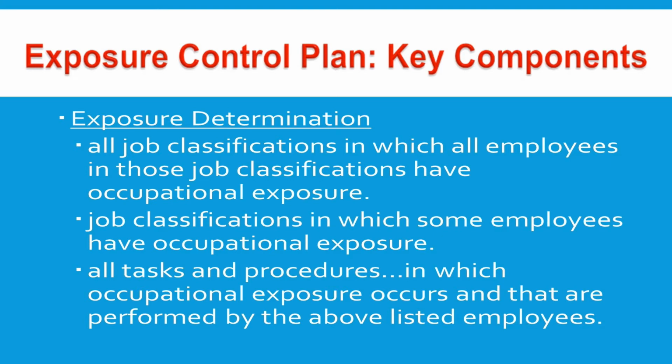You have to list the tasks and procedures that may occur in the course of a person's duty that would cause the exposure or not cause any exposure. So that's important.